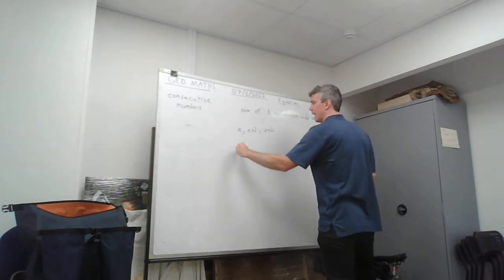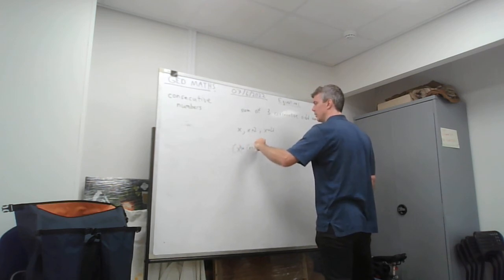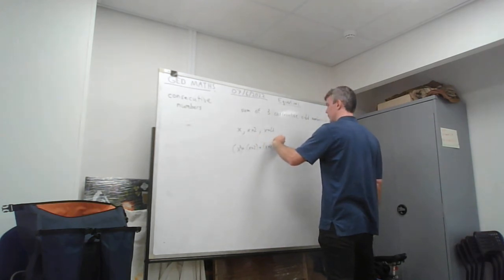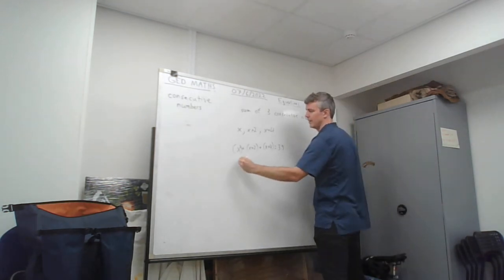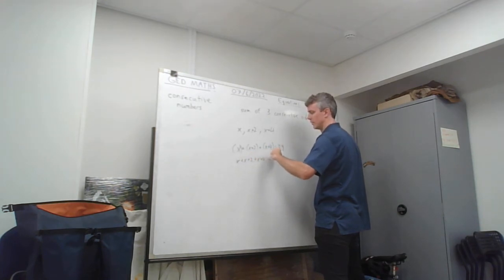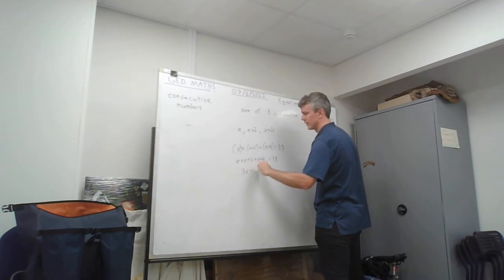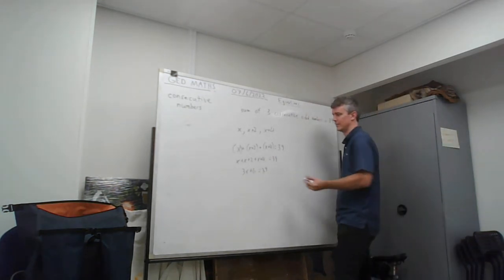So now we do x plus x plus 2 plus x plus 4 equals 39. Same idea? So 3x plus 6 equals 39.